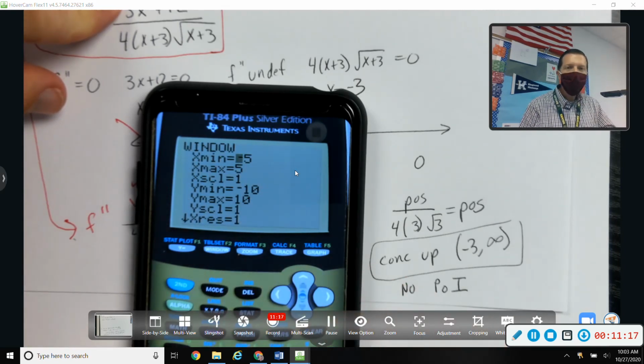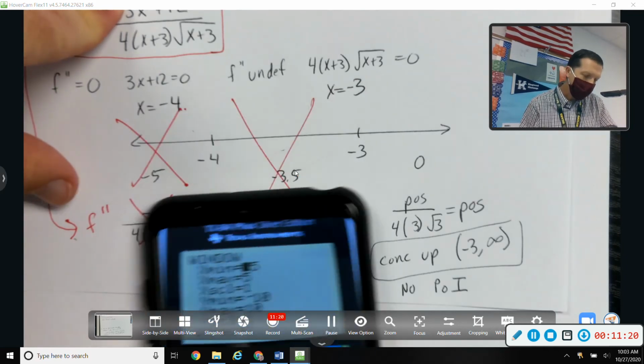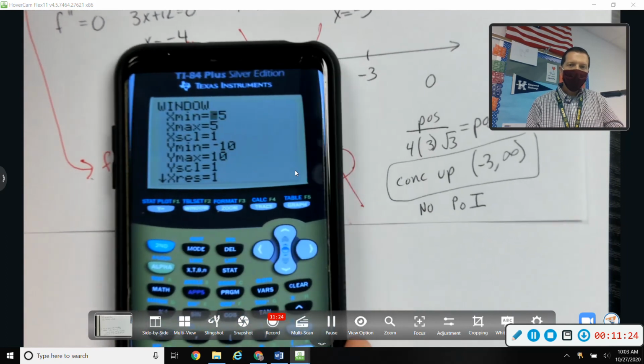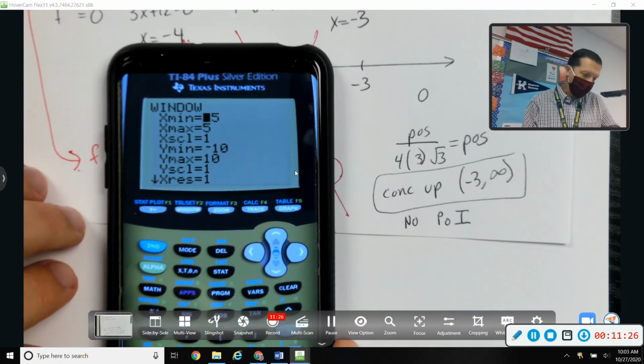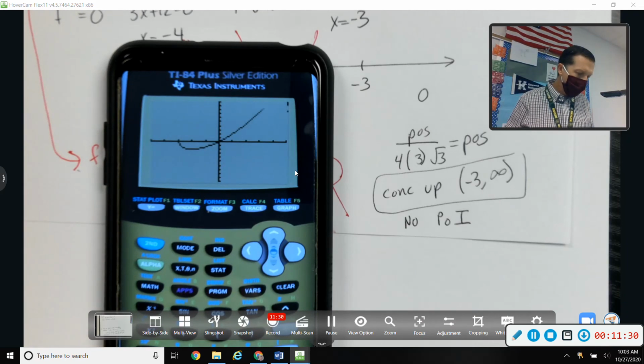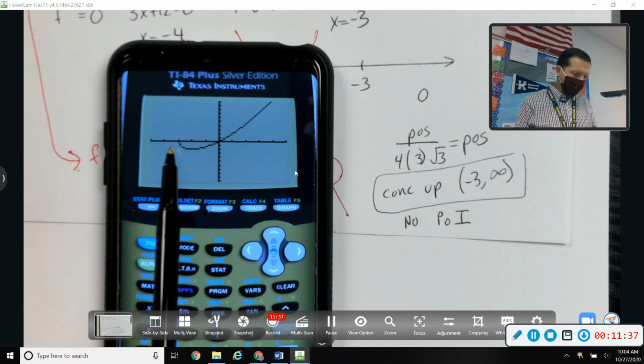And yeah, negative 5 to 5 is probably fine because it's not supposed to be negative 3 anyway. And I think it's supposed to be concave up the whole way. So moment of truth here. Okay, that is a weird graph, but it is concave up all the way, and there's nothing left of negative 3.